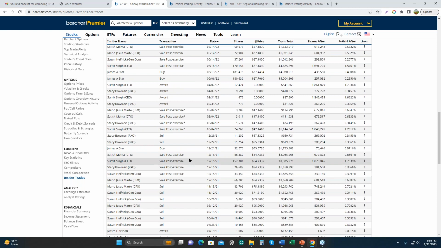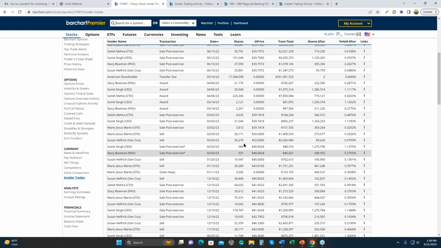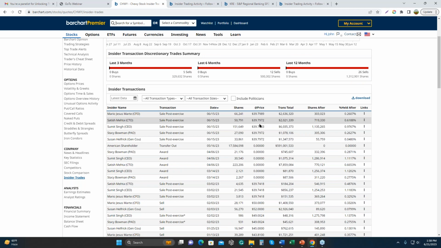And what I might do here is, first of all, see what happens each time they sell. What does the stock price do? Now, let's go back to December of '22, where you can see the stock price was trading around $41. When we go back into March of this year, it was trading around $39, and this year it's around $39.